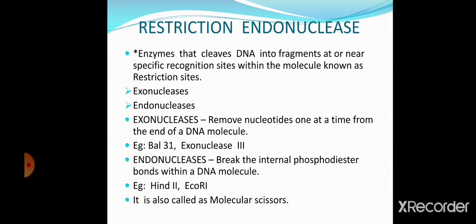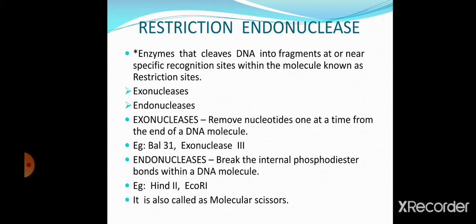What are endonucleases? These enzymes break the internal phosphodiester bonds within a DNA molecule. So this takes place within. Exo means at the end of the DNA molecule. Endo means within a DNA molecule. What is phosphodiester, children?